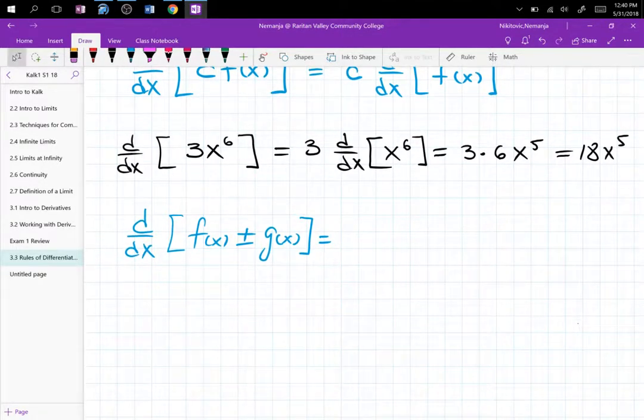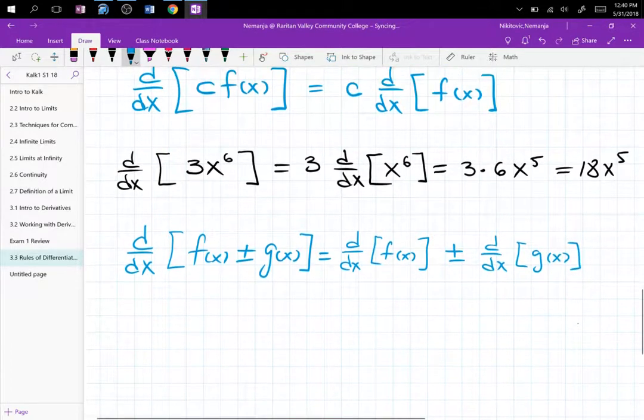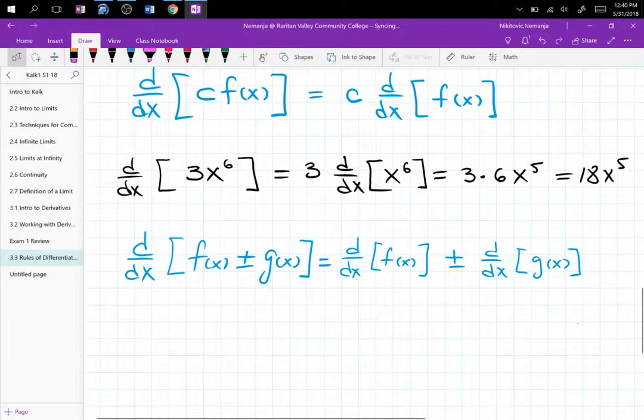The rule states that you can take the derivative of f of x and add or subtract the derivative of g of x. So these are the 2 rules that cover linearity, actually.